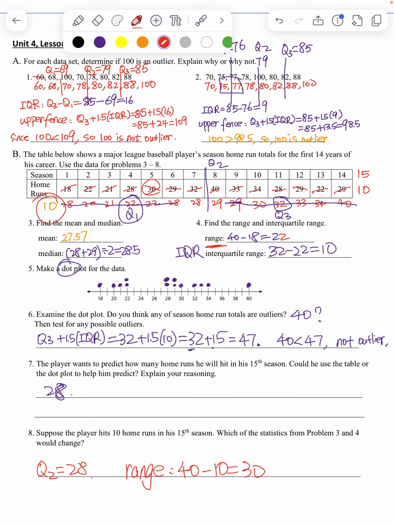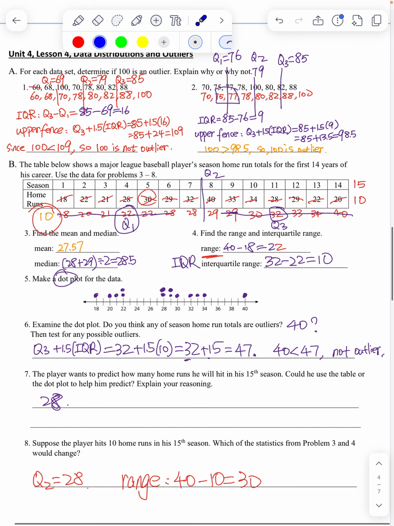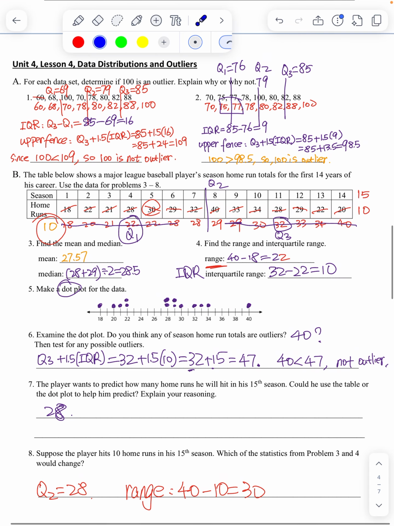So the range goes from 22 to 30. So the range becomes much bigger. That's good enough at this point, at this Algebra 1 level, statistics. This is enough knowledge for you to master.